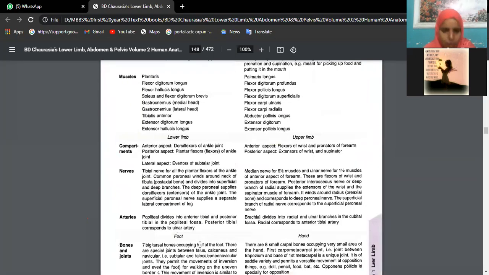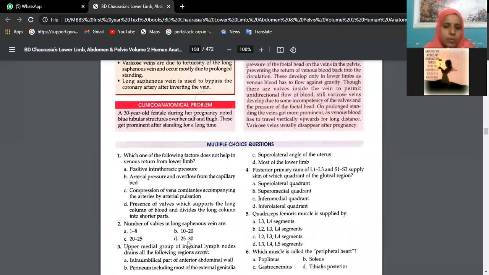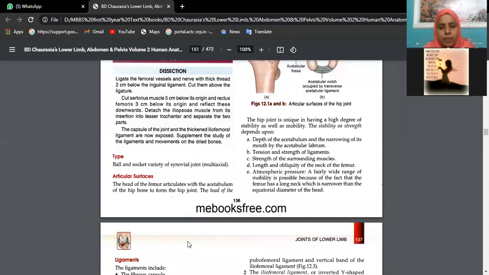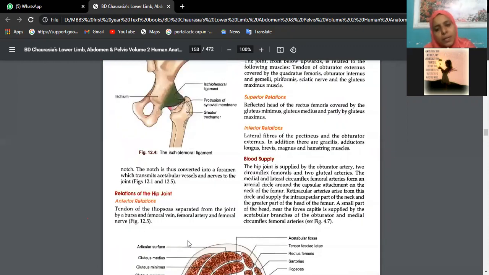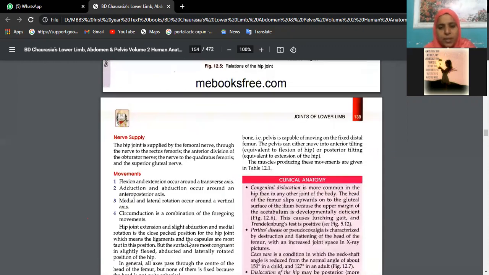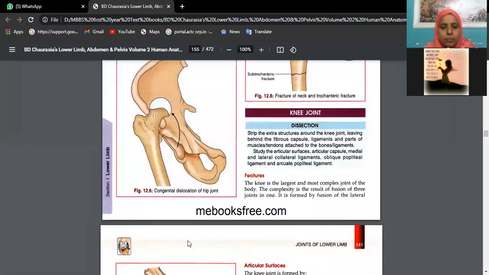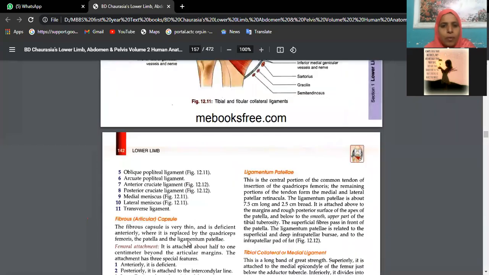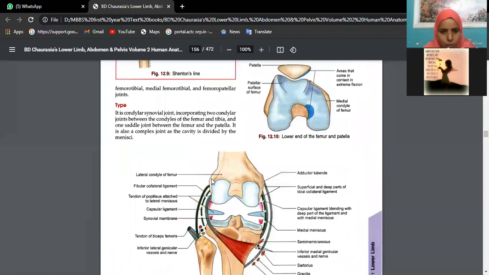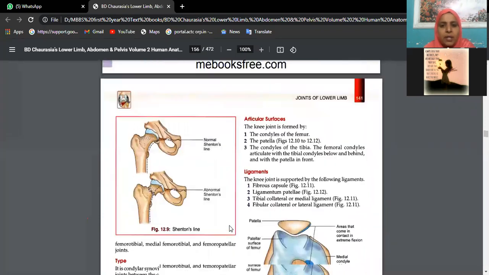Yes, ma'am. Tell me, what are the bones? Femur, tibia, and patella. Yes. So that is the lower end of the femur, the upper part of the tibia, and the patella. These are the three bones which are participating in the formation of the knee joint.